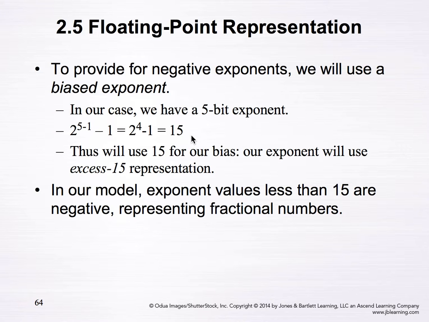So that's the bias number of the exponent. We use 15 for our bias, so our exponent will use what we call excess 15 to represent the exponent. So in our model, exponent values less than 15 are negative and represent fractional numbers.